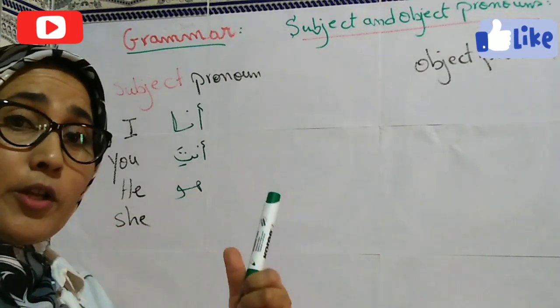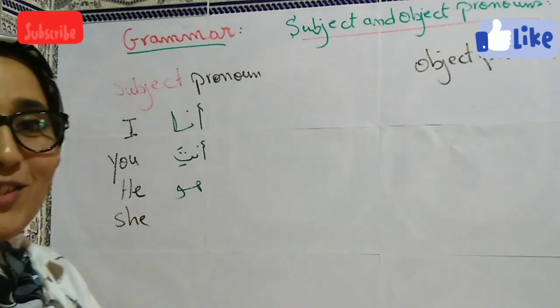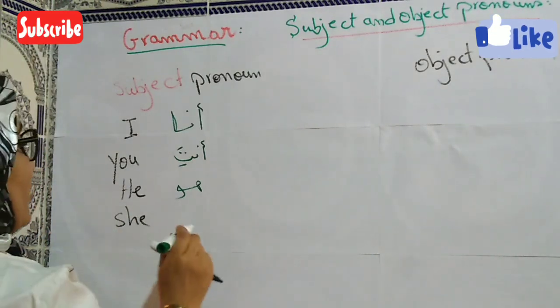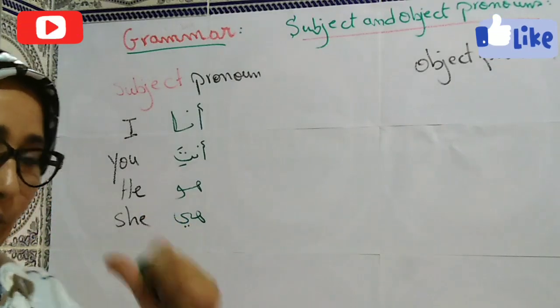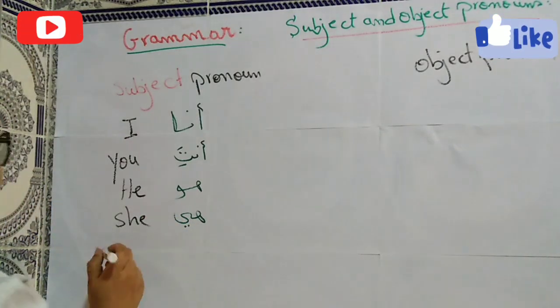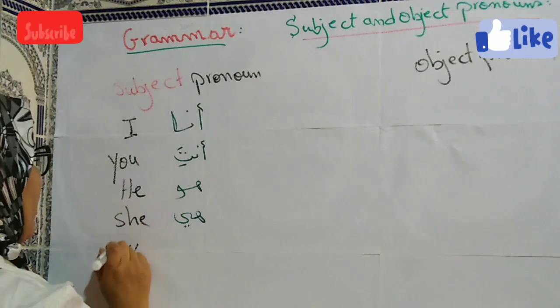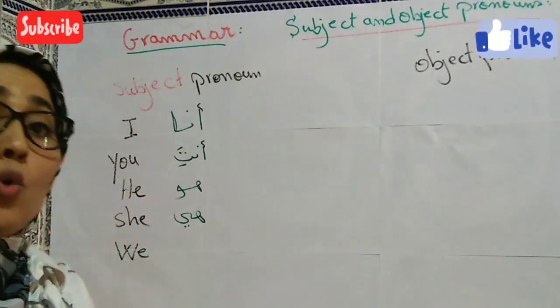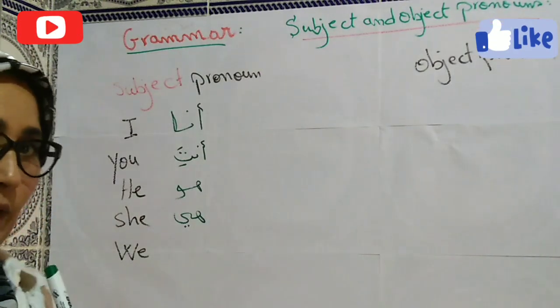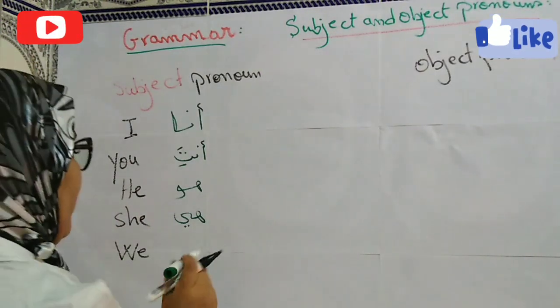And we have she. So he for the boy, sorry, and she for the girl. Okay. Then we have the plural subject pronoun we, all of us.